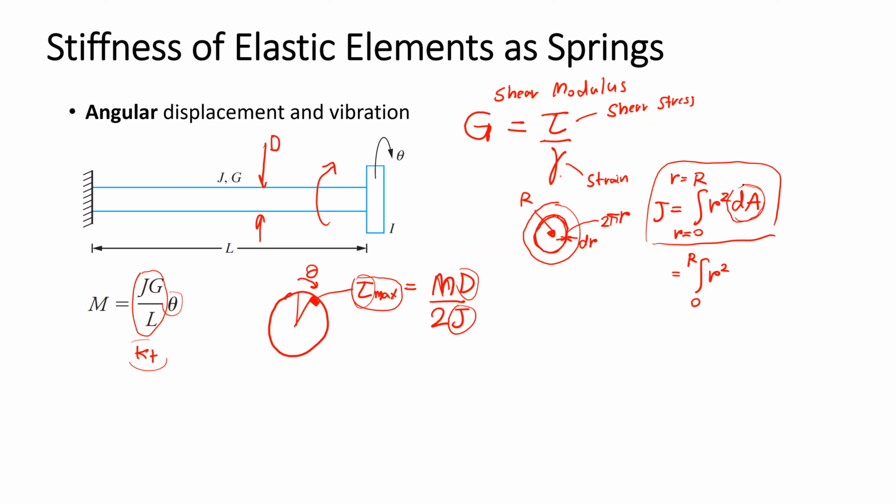The small area dA against the change of the radius may be composed from the area of this ring.